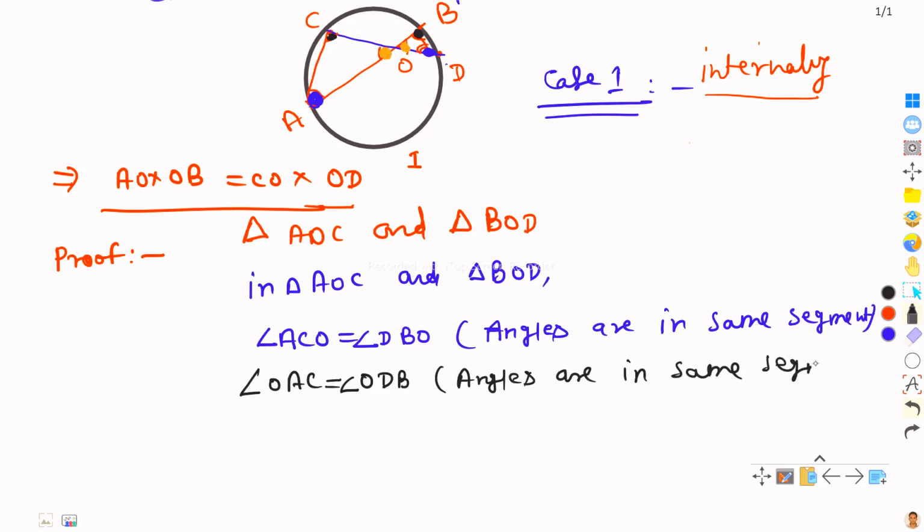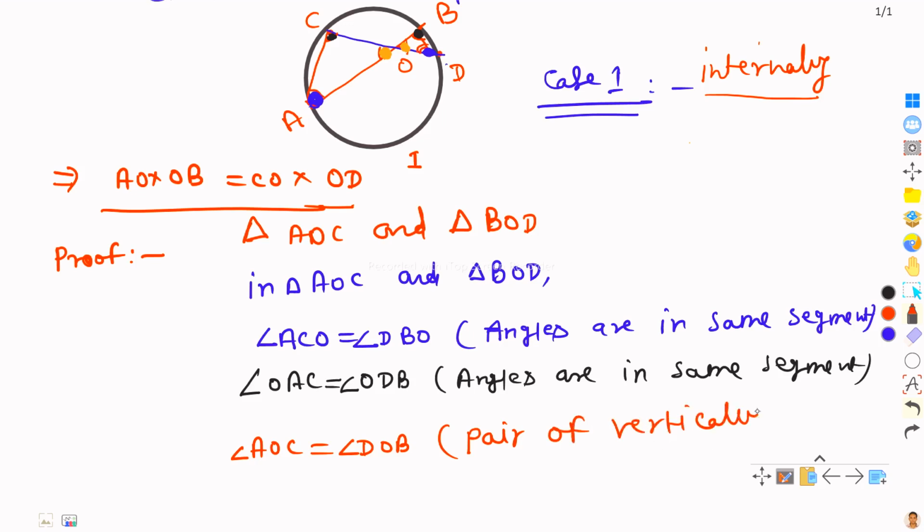Again, the third pair of angles is angle AOC equals angle DOB. Why? These are a pair of vertically opposite angles.